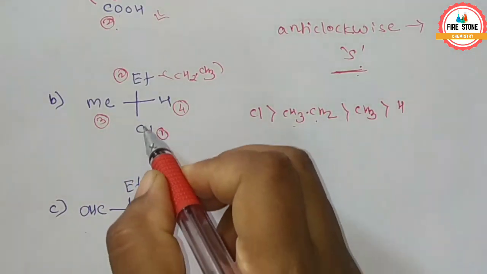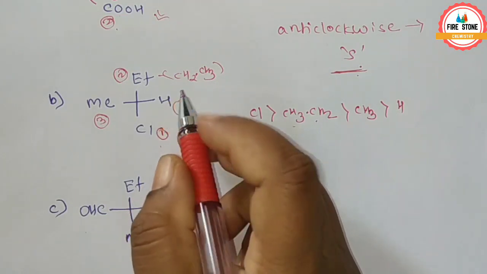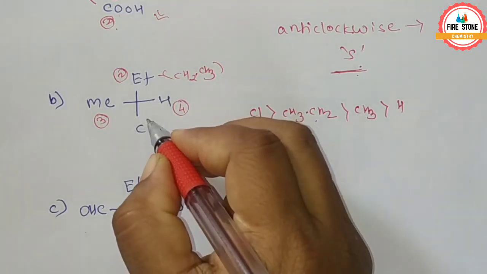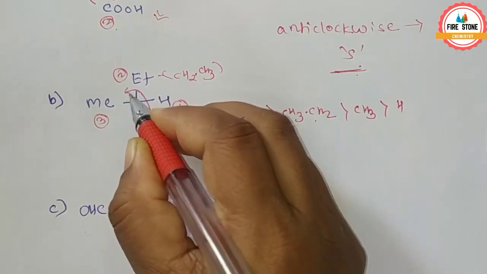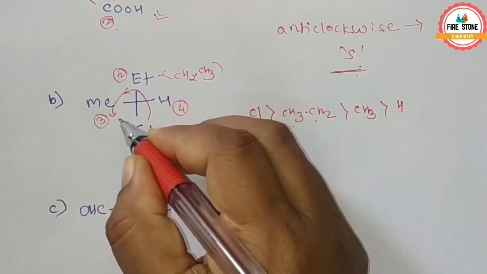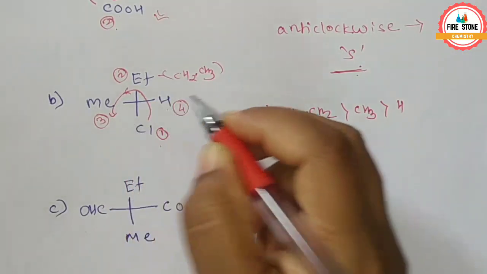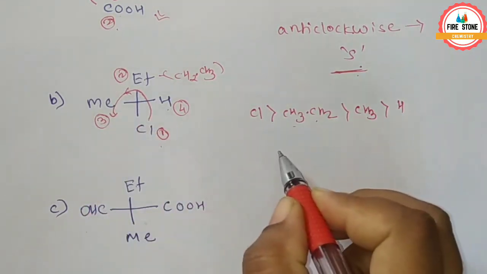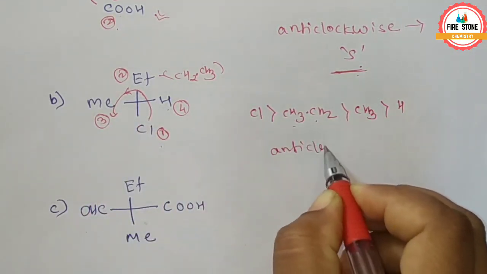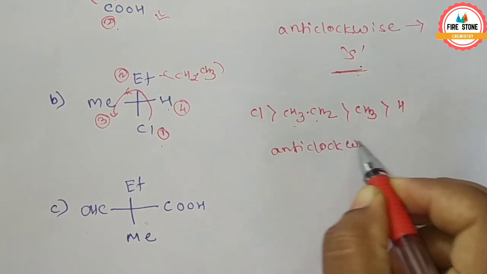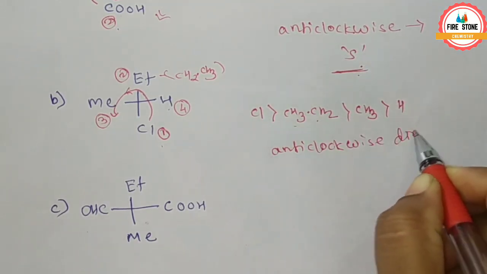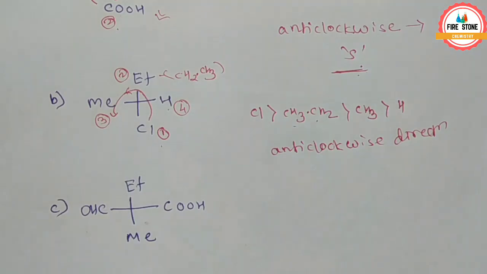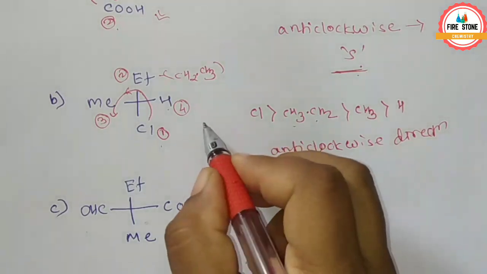So when we rotate 1 to 2, 2 to 3, and then 4, here again anti-clockwise direction of rotation.